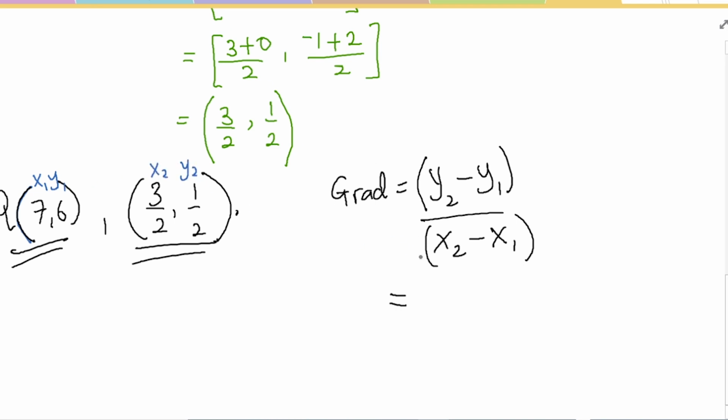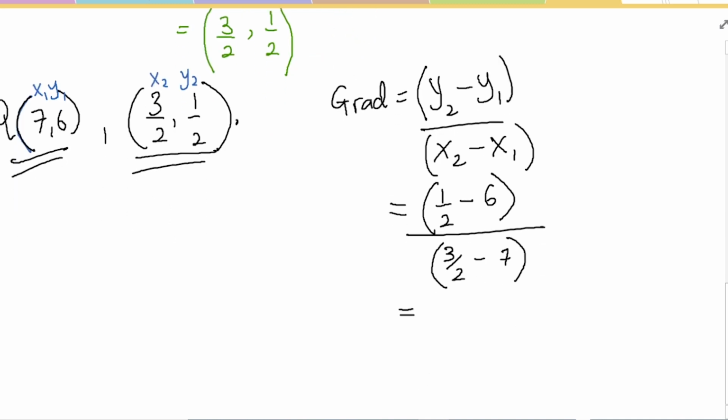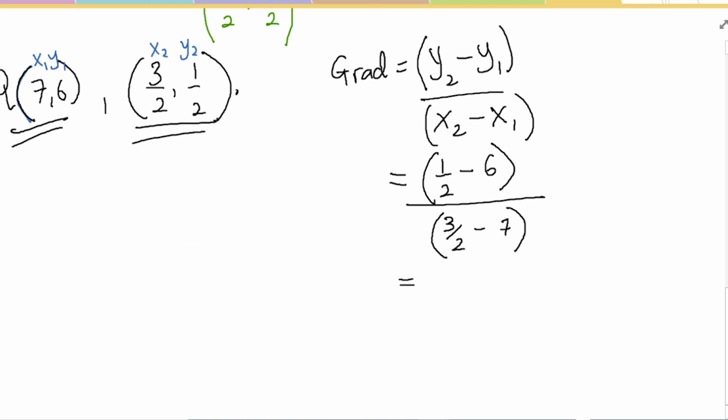We proceed: y2 minus y1 becomes a half minus y1, which is 6, divided by x2, which is 3 over 2, minus 7. So what is a half minus 6? Definitely a half minus 6 is going to give us -5 and a half, and -5 and a half is the same as saying -11 over 2.